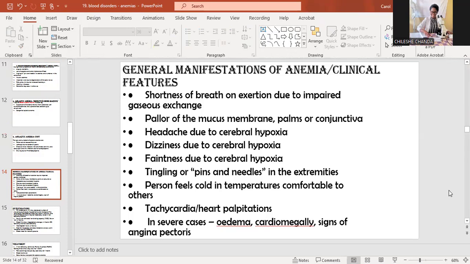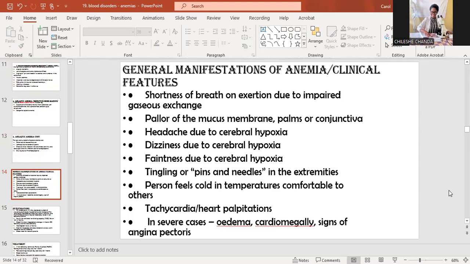Anemia will cause that. Headache due to cerebral hypoxia. Hypoxia is simply the lack of oxygen in a particular body tissue. So when we add the word cerebral, we're talking about the brain. So we're saying that there will be hypoxia of the brain, cerebral hypoxia.